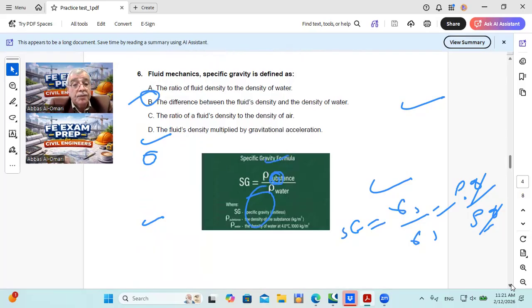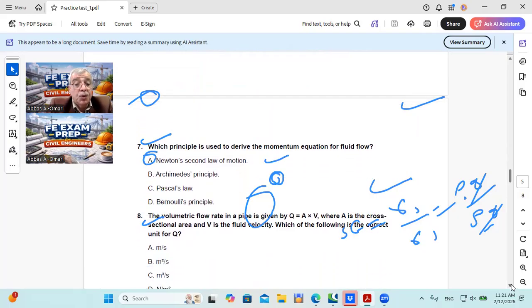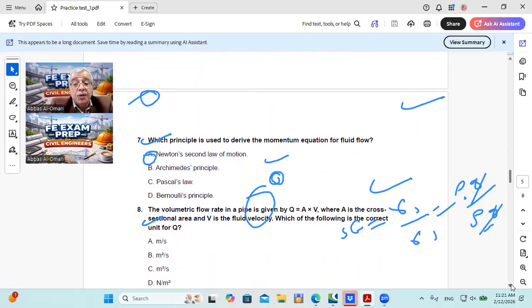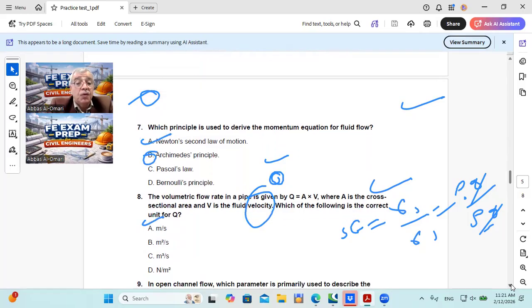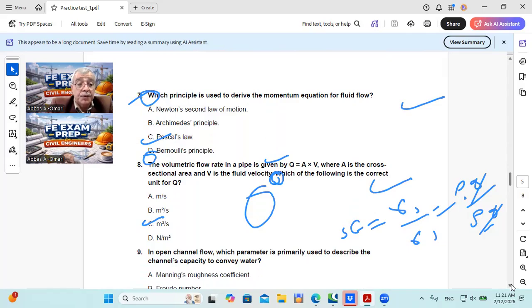The next question, which principle is used to derive the momentum equation for fluid flow? When we talk about the momentum equation in fluids, we talk about forces. We talk about balance of forces that act on a control volume. So the momentum equation says that the summation of external forces equals the rate of change of momentum in a control volume.